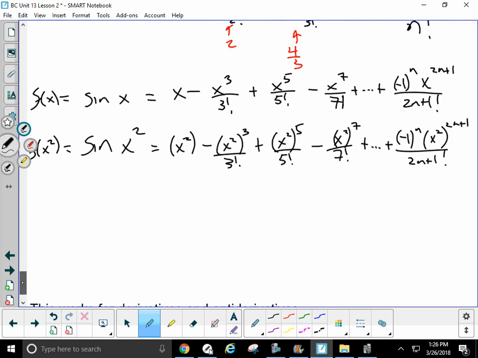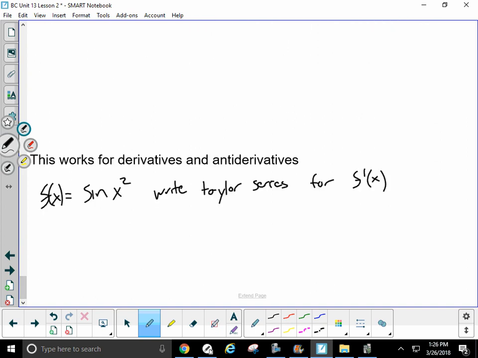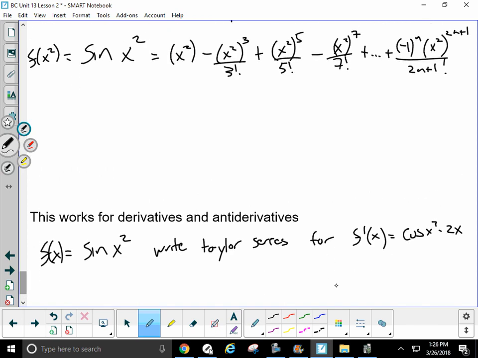Okay? This works for derivatives and antiderivatives. Let's say we have sine of x squared. Write the Taylor series for f prime of x, which is equal to cos of x squared times 2x. Well, cos of x squared times 2x is the derivative of sine of x squared.